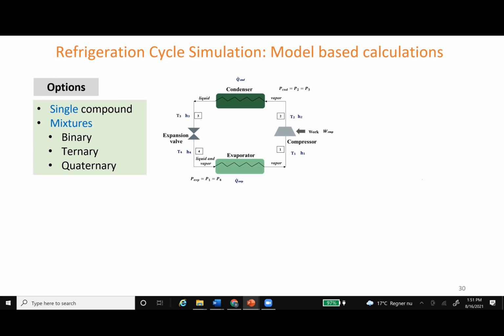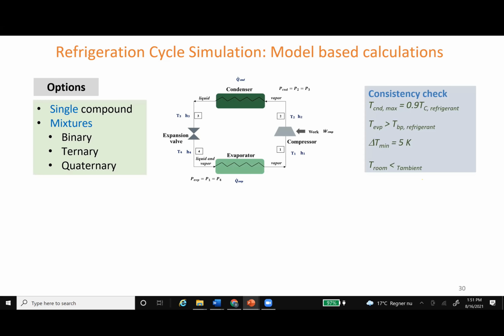Before it will do the simulation, it will check the consistency, because the condenser temperature needs to be lower than the critical temperature. And the cutoff value is 0.9 TC. This is because the critical temperature is always higher than the boiling point. So it is not possible to give a temperature higher than the critical temperature.